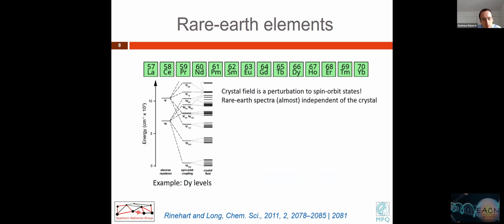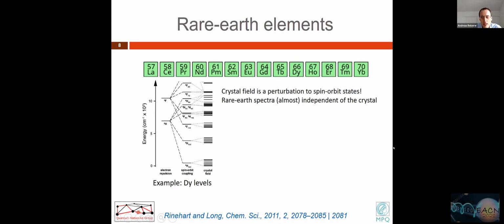Now, what's very remarkable about these rare earth ions is that this crystal field is only a perturbation to the spin-orbit states. So if you calculate the energy levels, for example, of dysprosium, you first have to consider the electron repulsion and the spin-orbit coupling, which sets the energy levels that you expect to observe in spectroscopy. And then the crystal field is only a small perturbation to these spin-orbit coupled states.